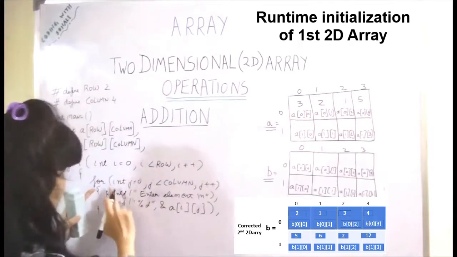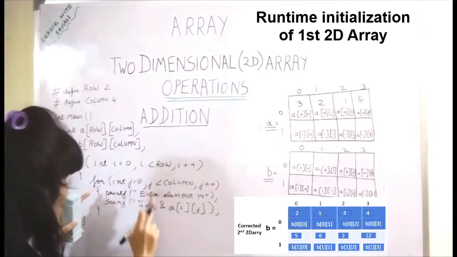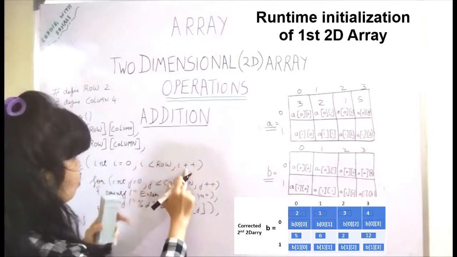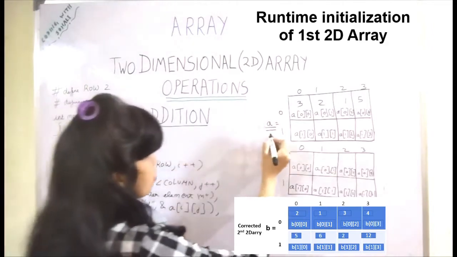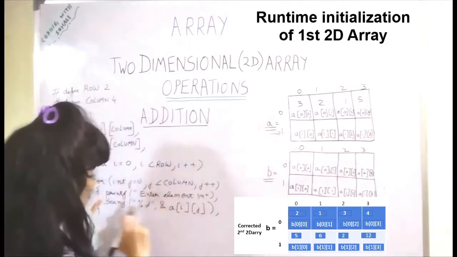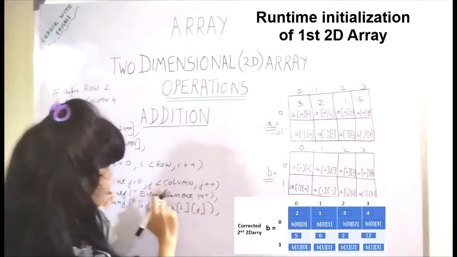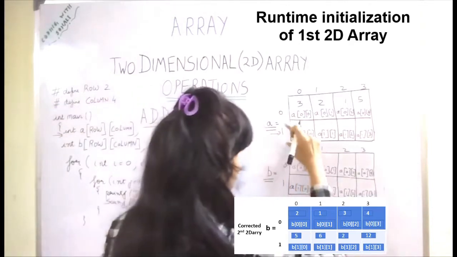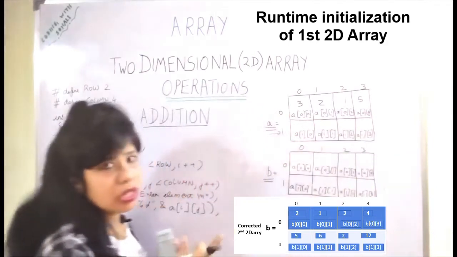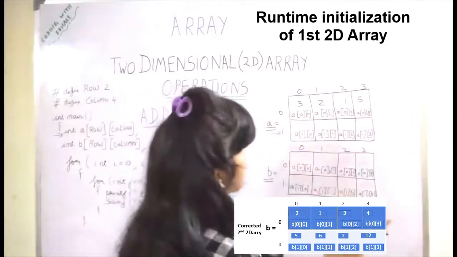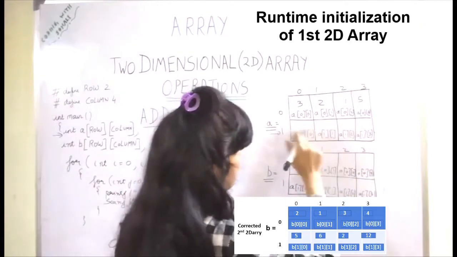Then when this whole loop is completed, i gets incremented to 1. The condition is satisfied. Therefore for the first row, again this for loop will be repeated for j is equal to 0, j less than column. For this first row, again 0, 1, 2, 3, we are asking the user to enter the element value, and we are filling in the array.